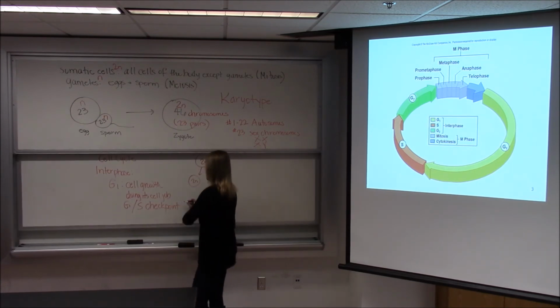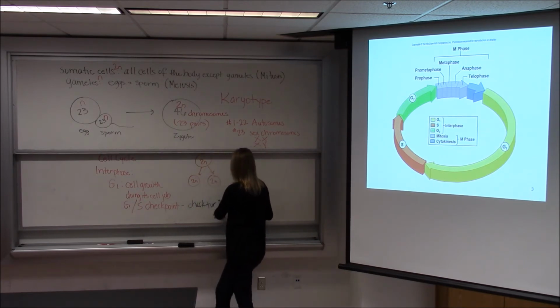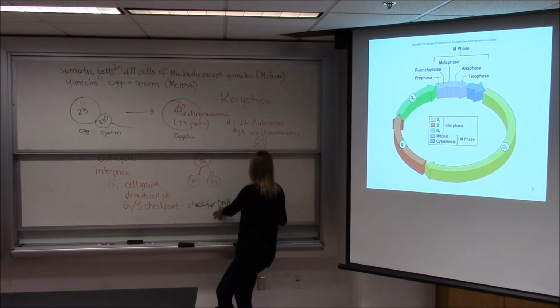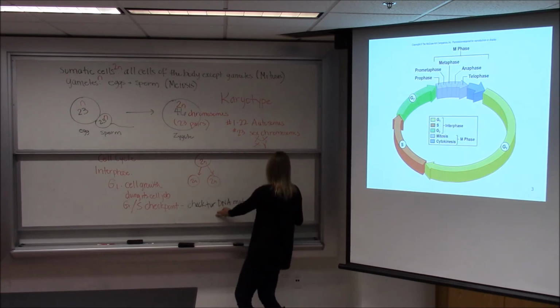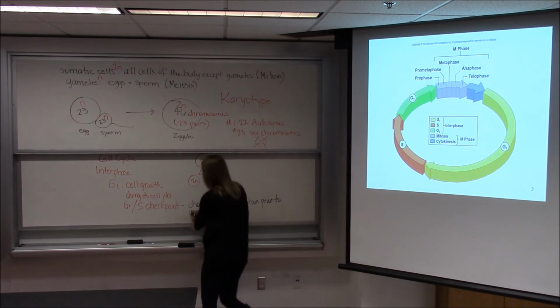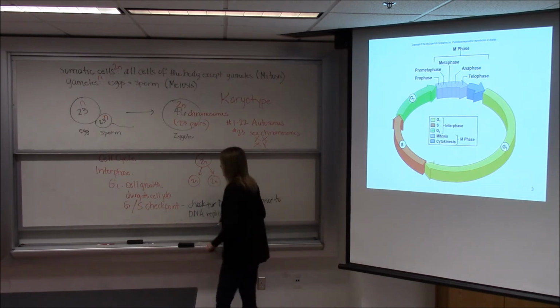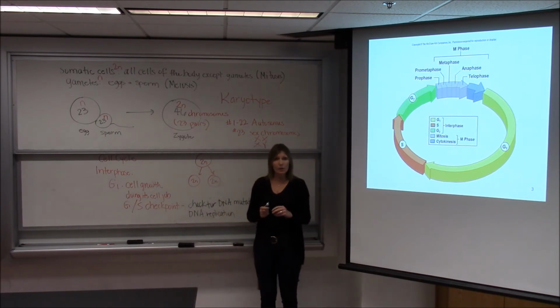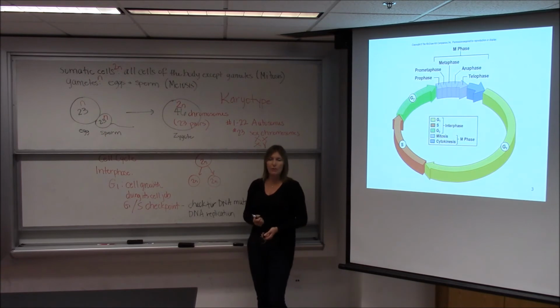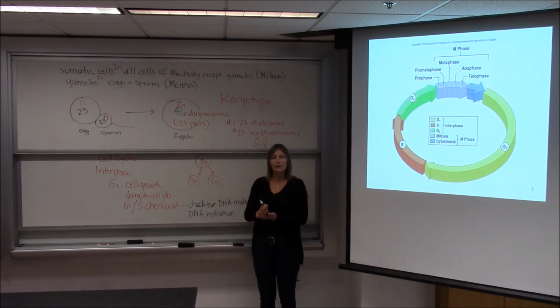So this G1/S checkpoint checks for DNA mutations prior to the S phase, prior to DNA replication. If it's determined that there are mutations, that there are problems, then the cell cycle gets halted.